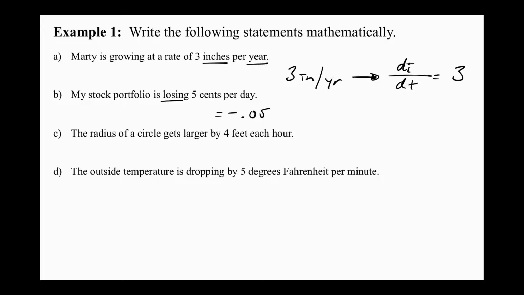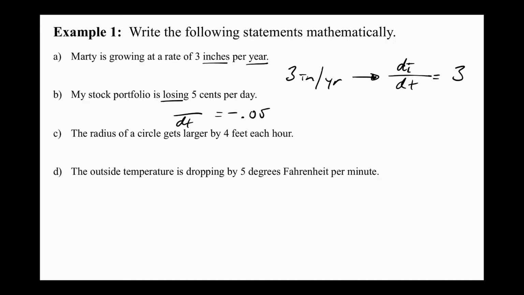It's a rate, so it's going to be over dt, and then the top is the quantity. What is changing per day? Cents, right?